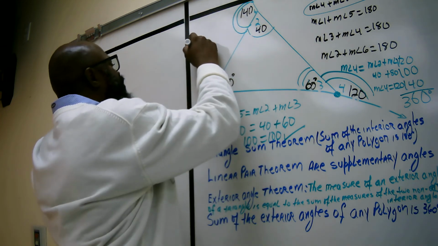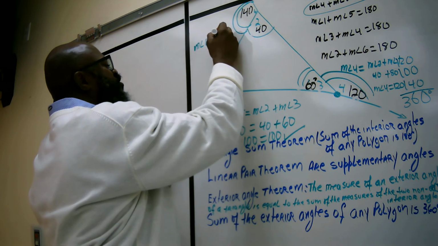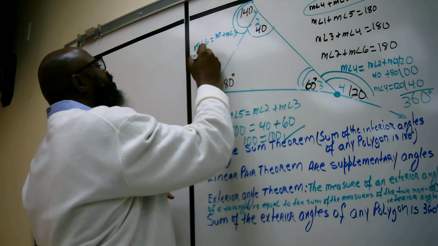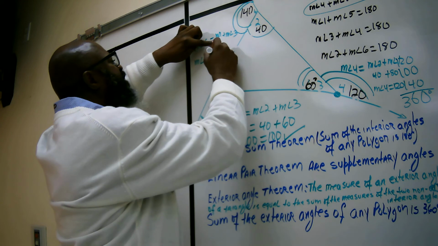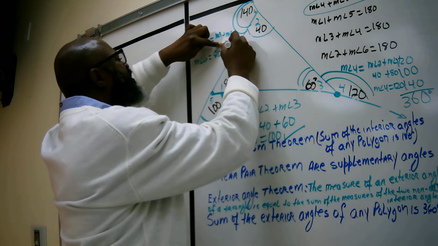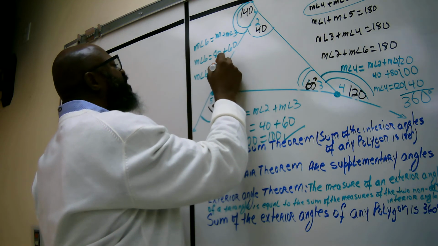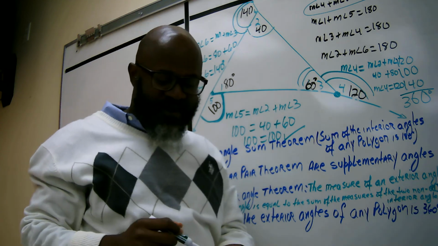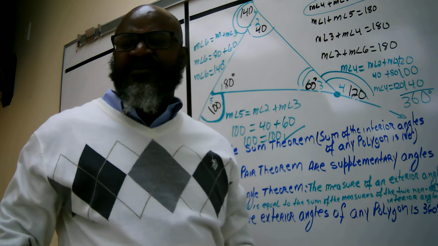So the measure of angle 6 will be equal to the measure of angle 1 plus the measure of angle 3. What is the measure of angle 1? 80, plus the measure of angle 3, which is 60, and the measure of angle 6 is 140. As you can see, the measure of angle 6 is 140. This is what this theorem is trying to prove to you. So we have demonstrated those theorems.